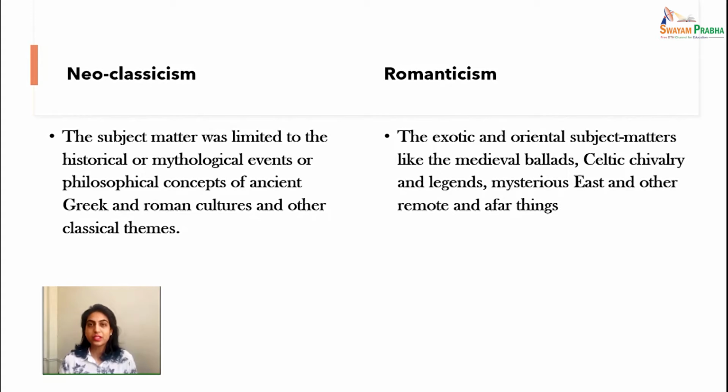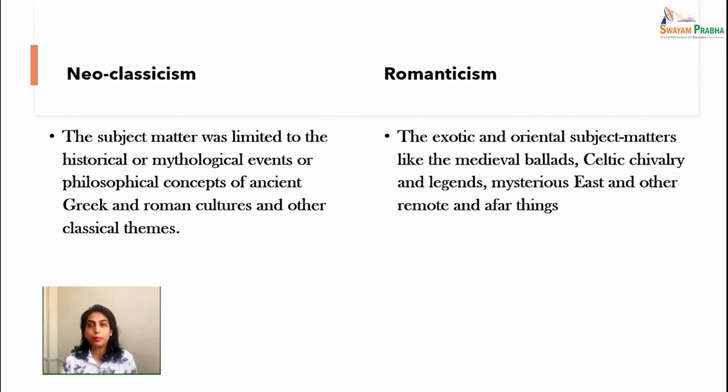The neoclassicals reflected conservatism in almost all the spheres, and thus the subject matter was limited to the historical or mythological events of ancient Greek and Roman cultures and other classical themes.